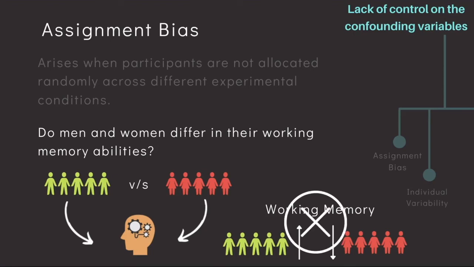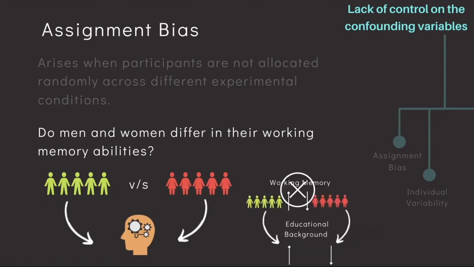As we saw, the experimenter initially, while allocating and recruiting the participants, did not control for the educational background of the participants, such that the men recruited were higher in their educational abilities than women. And this could have in turn affected the conclusions that we discerned about their working memory abilities, all of which got affected due to the assignment bias issue.